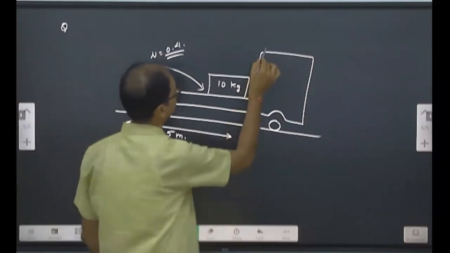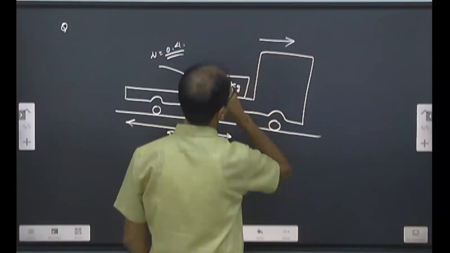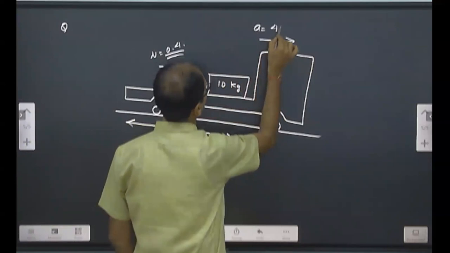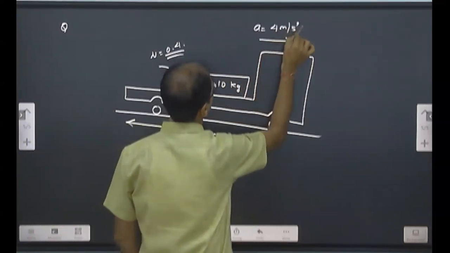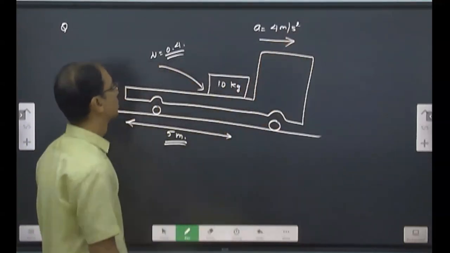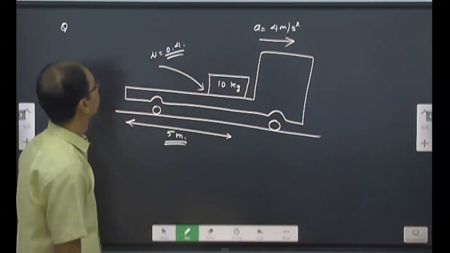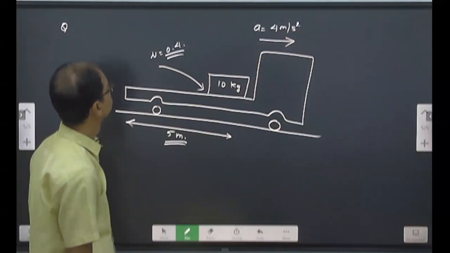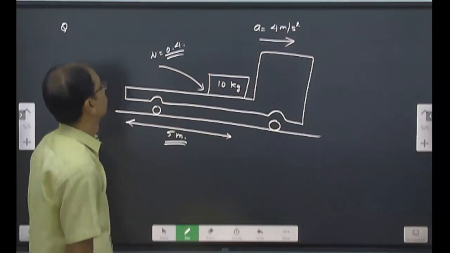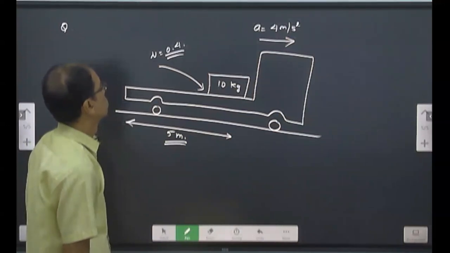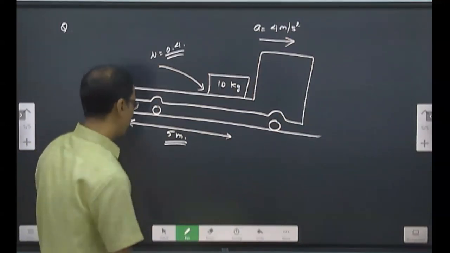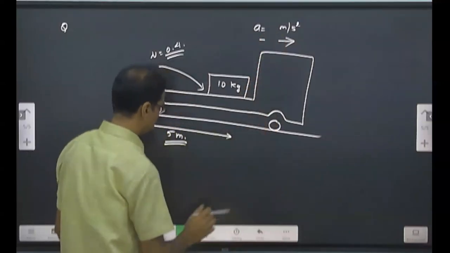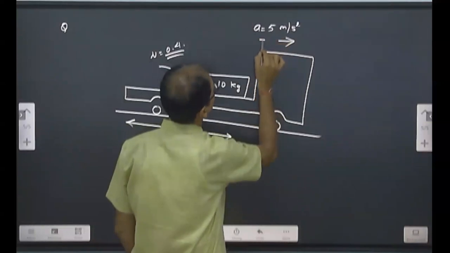And acceleration of the truck. Acceleration of the truck is 4 meters per second square. Five meters per second square, not 4. 5 meters per second square.